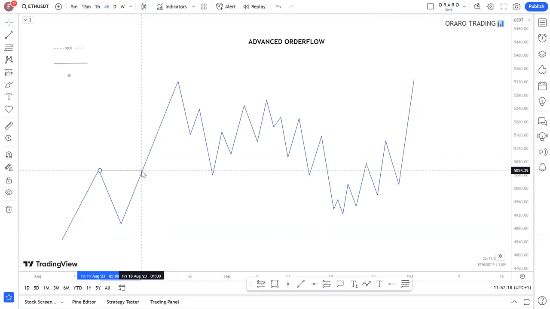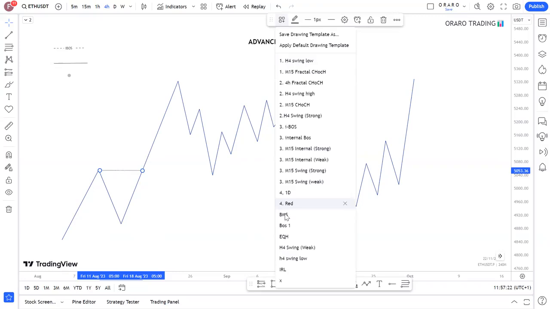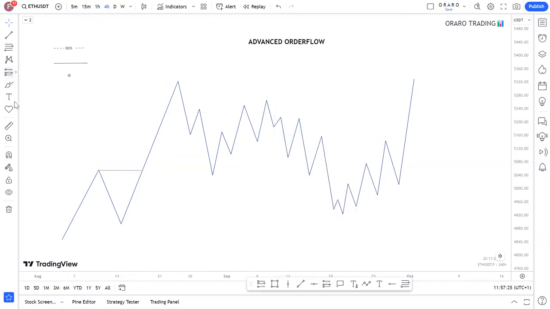So now looking at structure, you can see that we have a break here, which is our swing break. Then this is a bullish order flow as well.